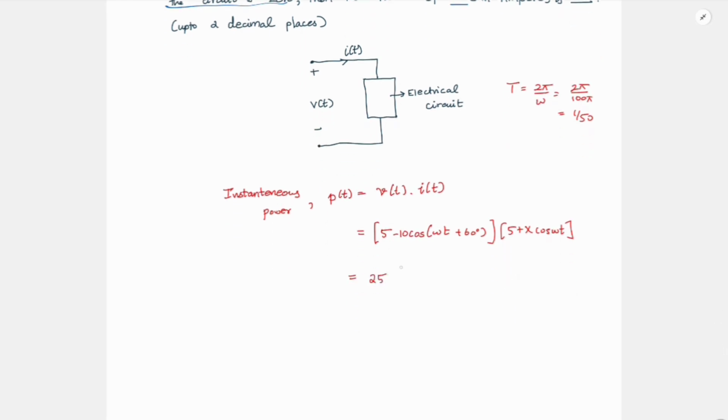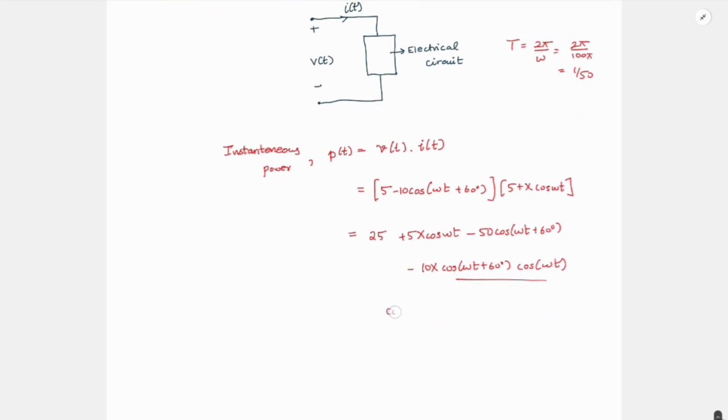If I write it out, I get 25 plus 5x cos omega t minus 50 cos(omega t plus 60 degree), and then minus 10x cos(omega t plus 60 degree) into cos omega t.